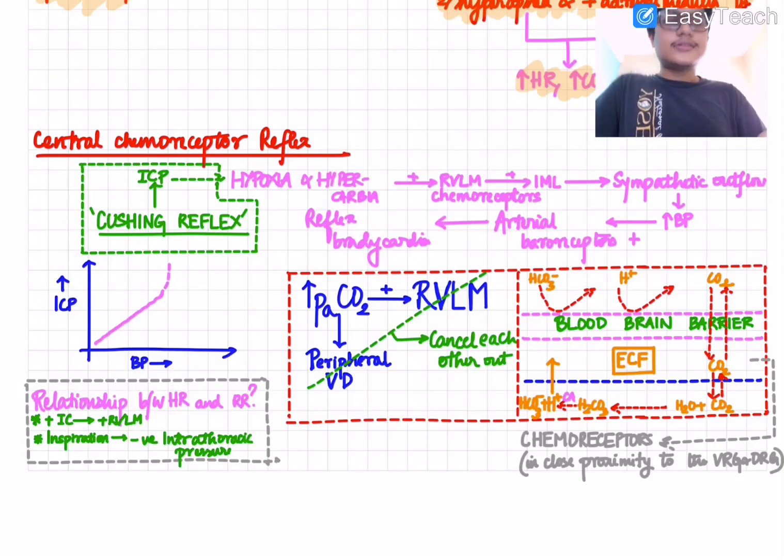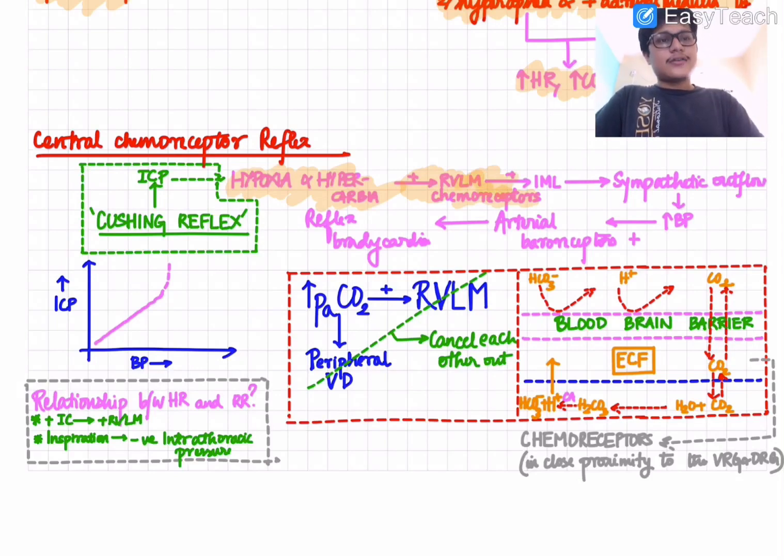Now, here comes the central chemoreceptor reflex. What happens is that when there is hypoxia and hypercarbia, an increase in carbon dioxide content of blood, the RVLM chemoreceptors, that is, the chemoreceptors found in the region of the rostroventrolateral medulla, will be stimulated.